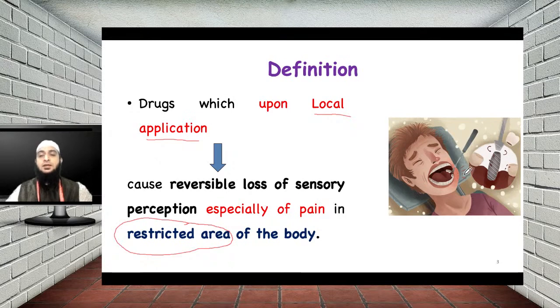You are just removing teeth or doing tooth extraction at a particular area, so there you just give the injection of local anesthetics so that the pain sensation of only that particular area can be blocked, and you can have the tooth extraction or removal of the teeth, or do minor surgery related to your oral cavity. So this is the difference between the local anesthetics and the general anesthetics. So this is the definition.